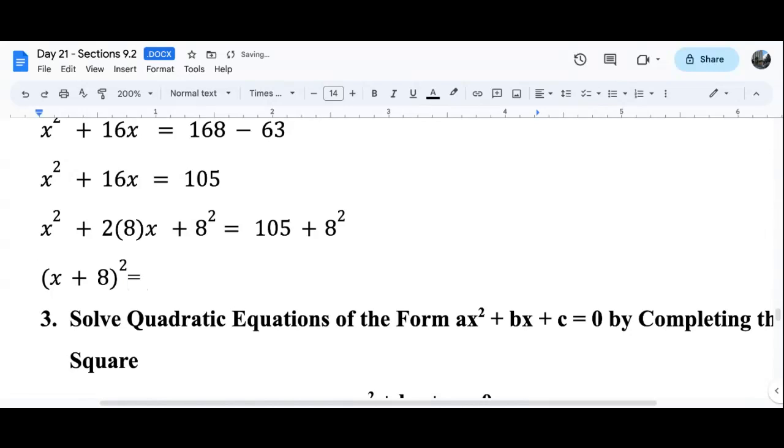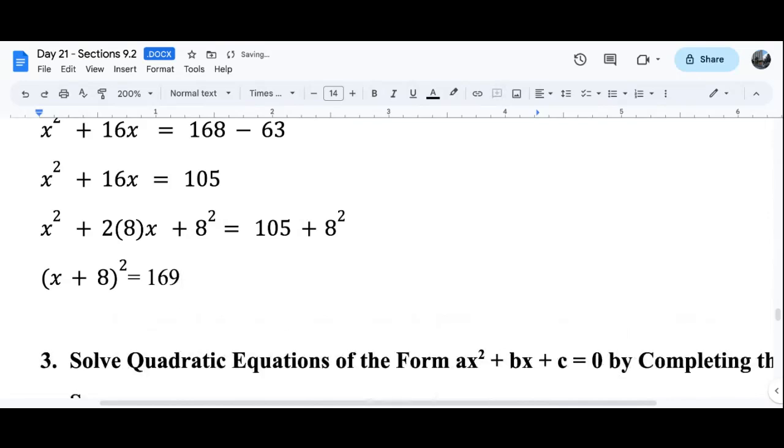And the right hand side, 105 plus 64, that's 169. See, I complete the square. Then I square root both sides.